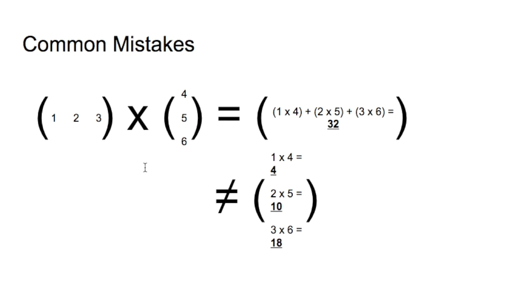However, students tend to think that the resulting matrix is a column matrix, and they obtain the values inside the matrix by multiplying 1 and 4, 2 and 5, and 3 and 6, and instead of adding them all together to get the final value for your 1 by 1 matrix, they end up with the values 4, 10, and 18.